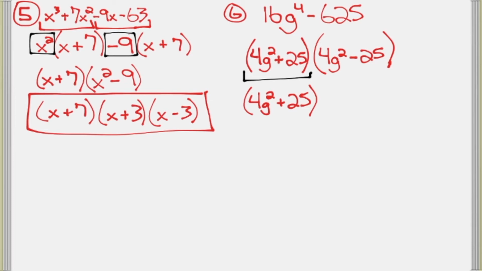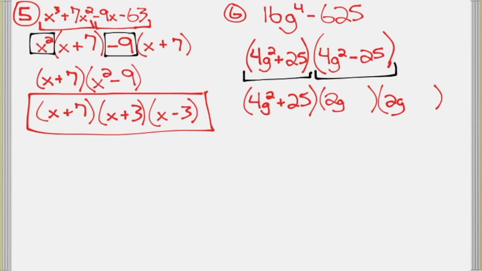Okay? If we look at our second parentheses here, we can factor that because, again, that's a difference of squares where you have 4g squared. So, okay, what can multiply together to give you 4g to the second power? Well, it has to be 2 times 2, and then each of those have 1g, because 2g multiplied by 2g is going to give you 4g squared.